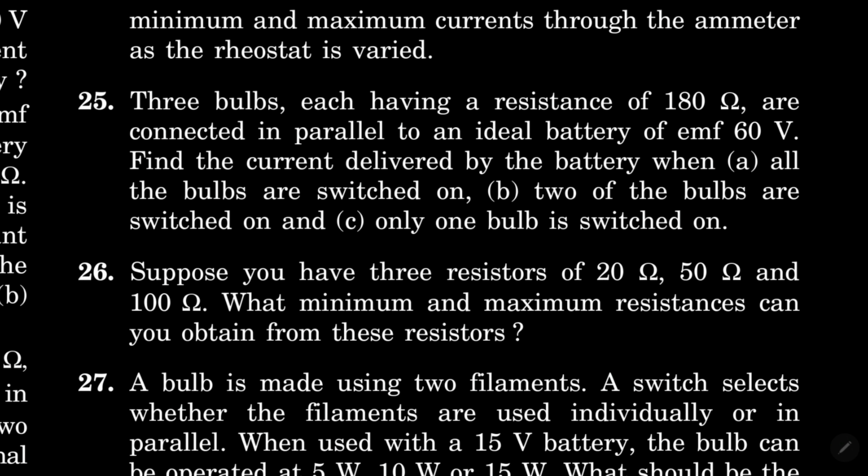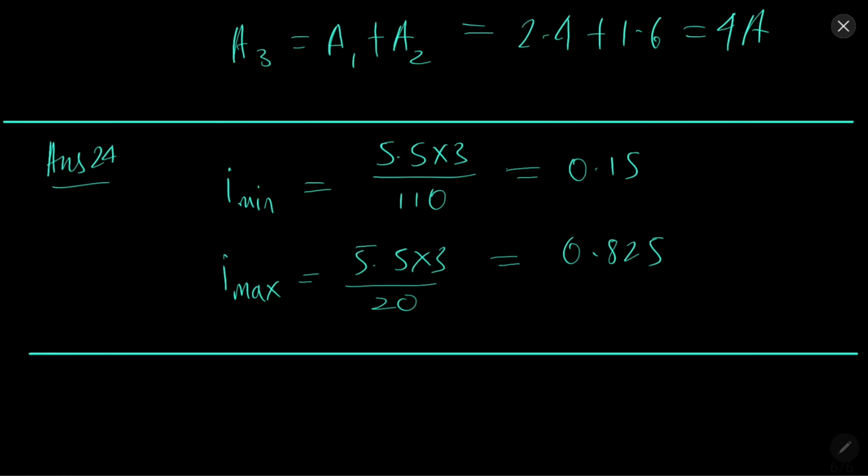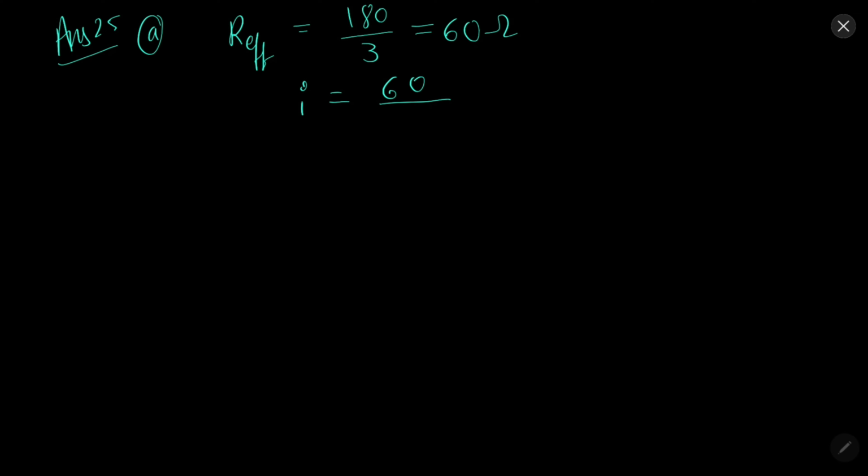In question 25, find the current delivered by battery in different situations. Solution 25. First one, R effective will be 180 by 3 or 60 ohms. So current will be 60 by 60, 1 ampere.